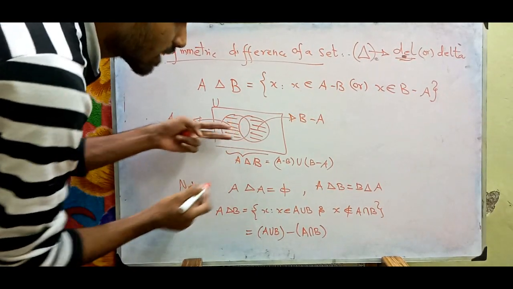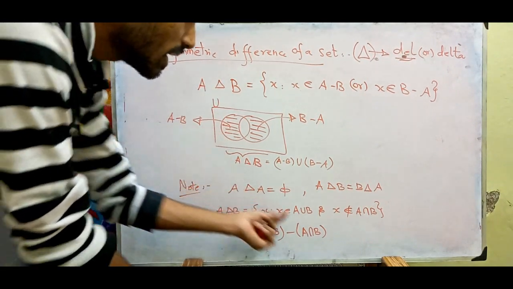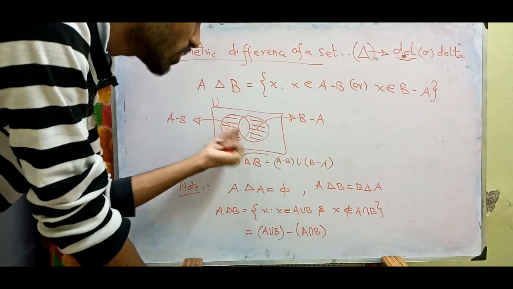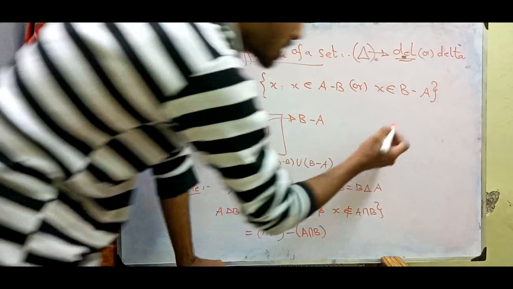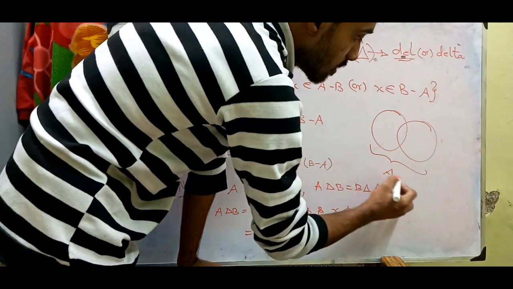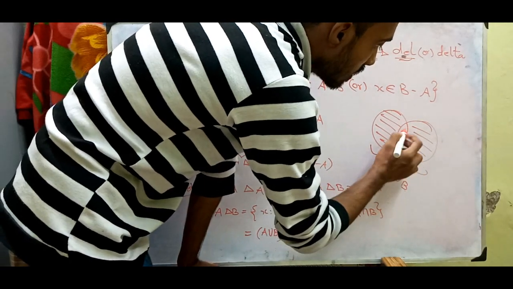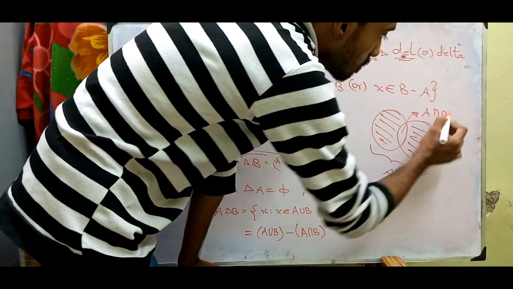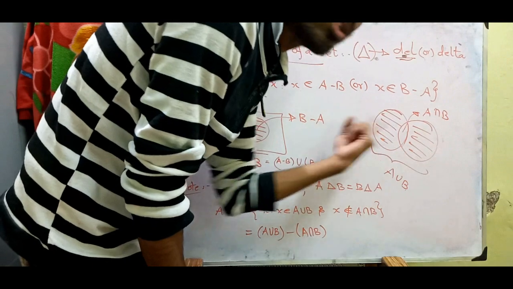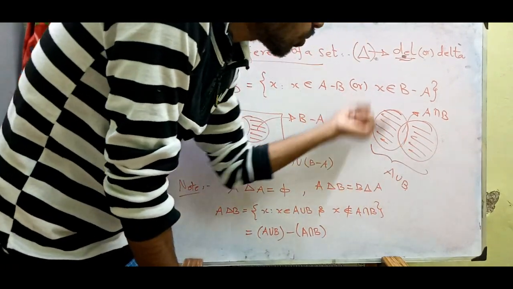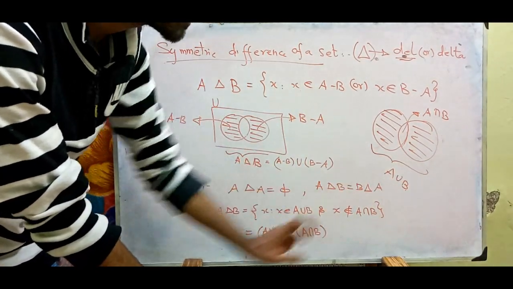All the elements in the shaded region belong to A union B, except A intersection B. Only the unshaded part is A intersection B, so none of the elements belong there, but all the elements belong to A union B. So only the shaded region will cover A union B, and A intersection B will remain an empty set.